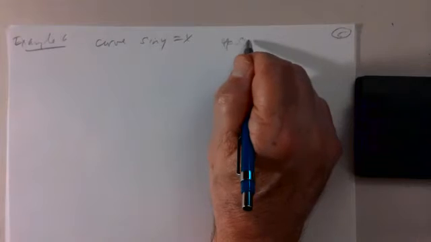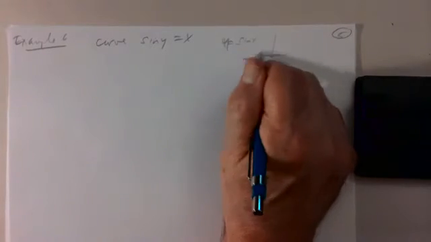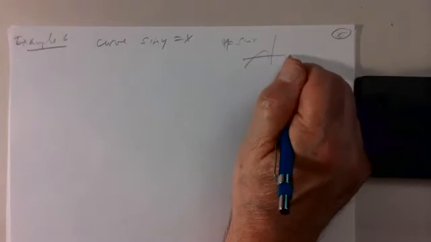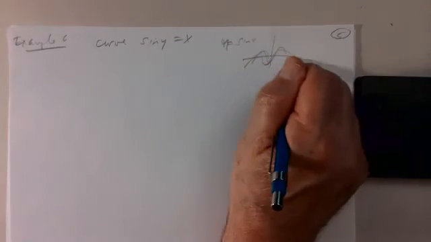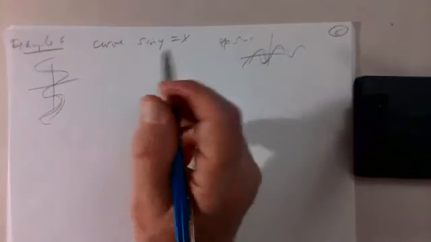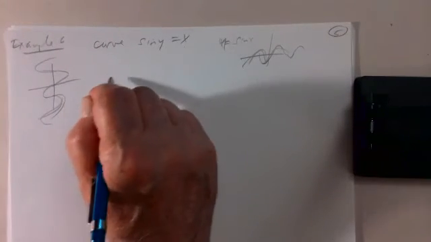If it were y equals sine x, the graph would look like that. But for x equals sine y, it looks like that. Suppose we want to find dy/dx.